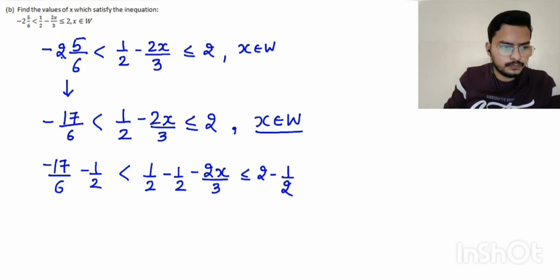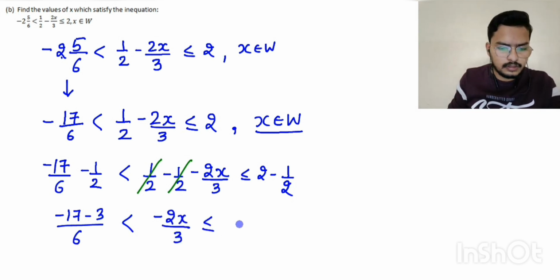So now you can clearly see that this and this cancel, right? So this is, just take the LCM, minus 17 minus 3 over 6, less than minus 2x by 3, and that is again take the LCM, you will get 4 minus 1, right?